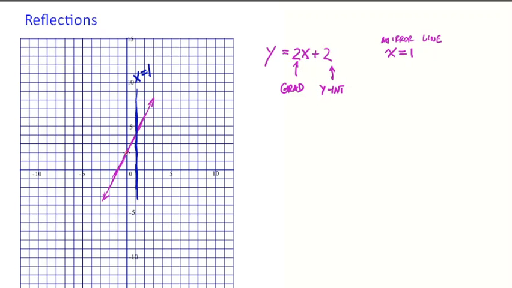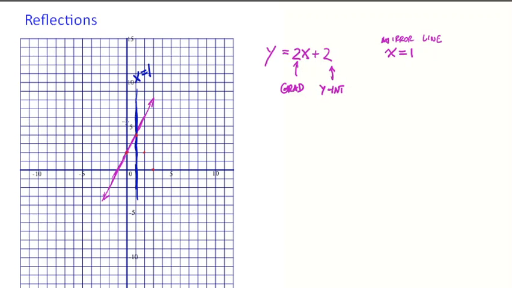For example, this one, which is our y-intercept. If we just look at our line, it's 1 unit away, 1 unit distant from our line. So if we reflect this point, it would show up here. Likewise, this point is 2 units away, so it would show up here. This point is on the mirror, so it would remain at the same place.